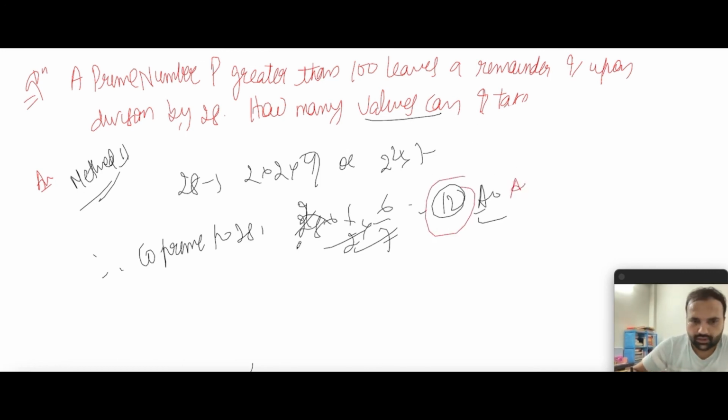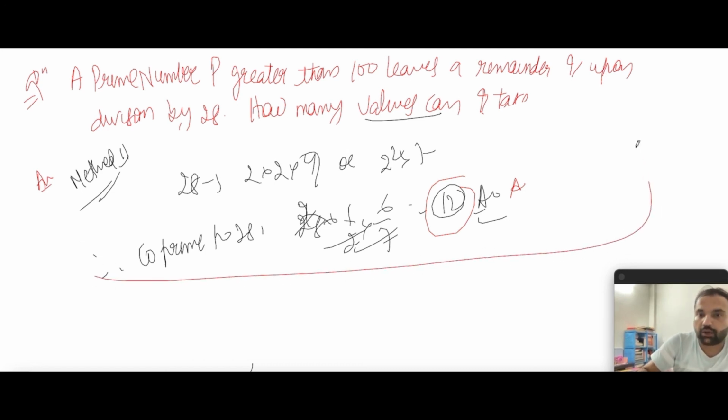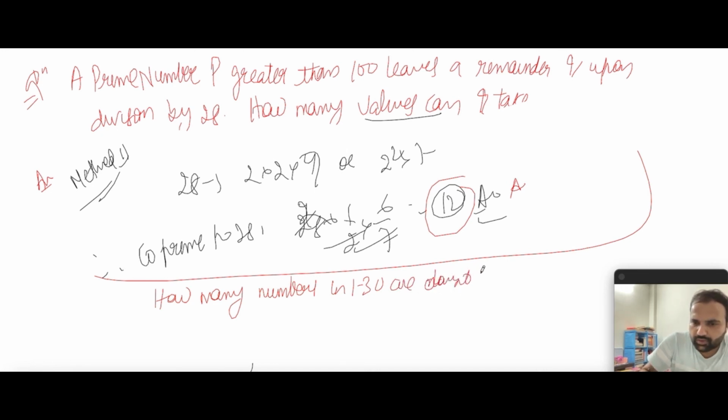Now, how has this happened? This is again a good question. How has this happened all of a sudden? Let's see this. How many numbers in 1 to 30 are divisible by 3? We know 10.